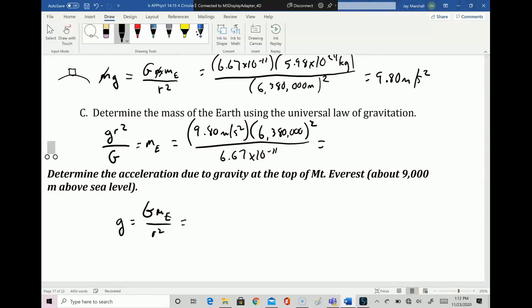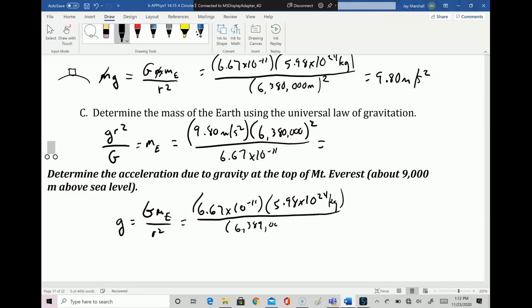The only thing that's going to be different here is what the R squared is. 6.67 times 10 to the negative 11th times 5.98 times 10 to the 24th kilograms divided by, and now it's not 6,380,000, it's 6,389,000. Not a big difference, is it? You got to remember to square that.